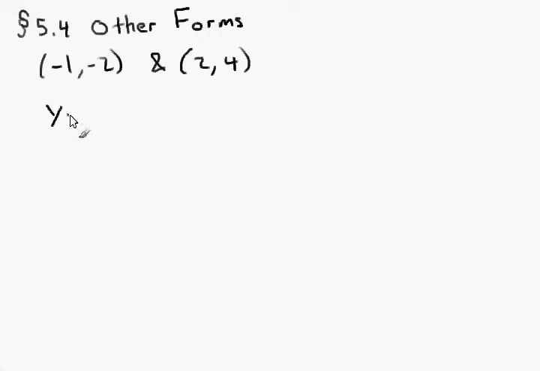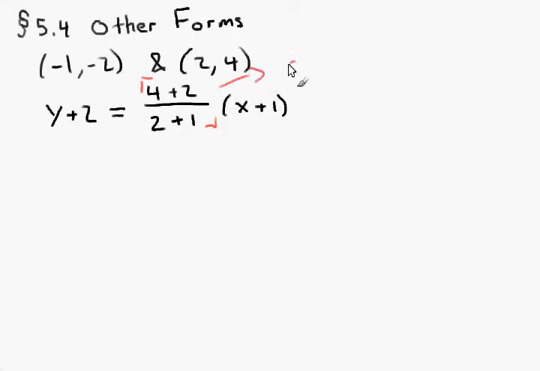That's going to be y plus 2 is equal to 4 plus 2 divided by 2 plus 1 times the quantity x plus 1. Then we're going to take this difference quotient here that represents the slope, and simplify it.